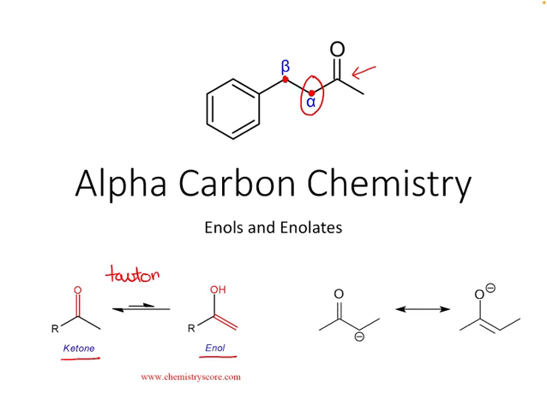I know this is from a while ago, so if you want to go back and review that, that might not be a bad idea, but we'll talk about it in this lecture too. Just remember that ketones are favored over enols, typically. There are some exceptions. Off to the right, I have a figure showing the resonance structures for an enolate.